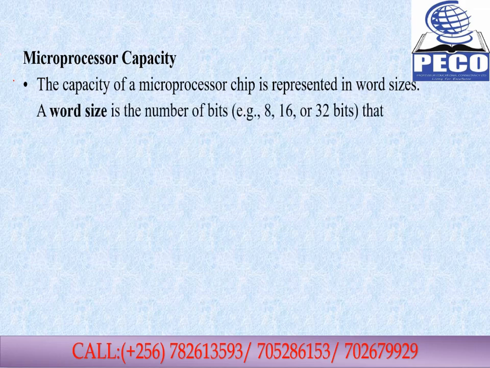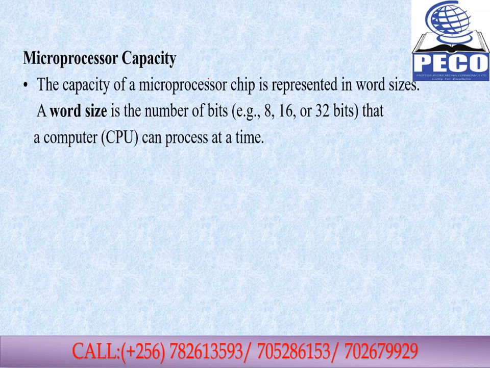So a word size is the number of bits. Example 8 or 16 or 32 or even 64 bits that a computer CPU can process at a time. That is the word size. Which word size?